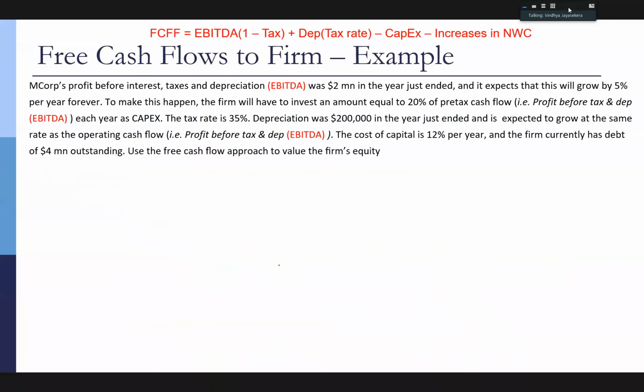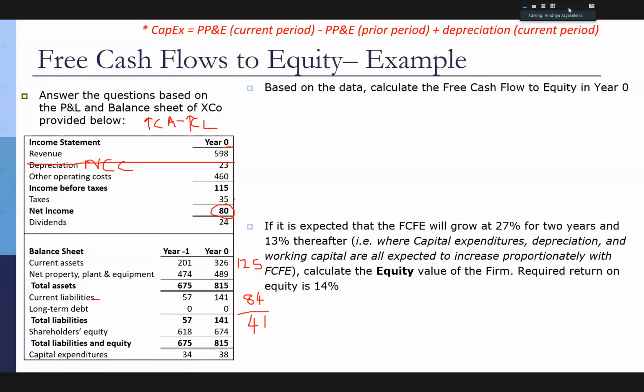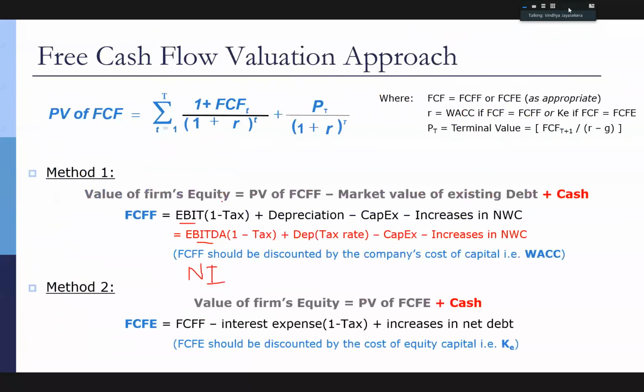I don't know the tax rate here. That's a problem, right? So if the tax rate is given, I could have used 1 minus tax rate, right? Remember, this 1 minus tax means tax rate. Obviously, 1 minus tax is not 1 minus 100,000 or 100 million. It's 1 minus 35% or 1 minus 65%, right? Whatever your tax rate.